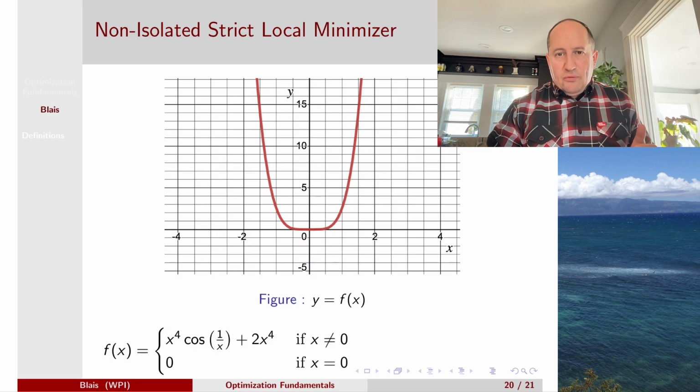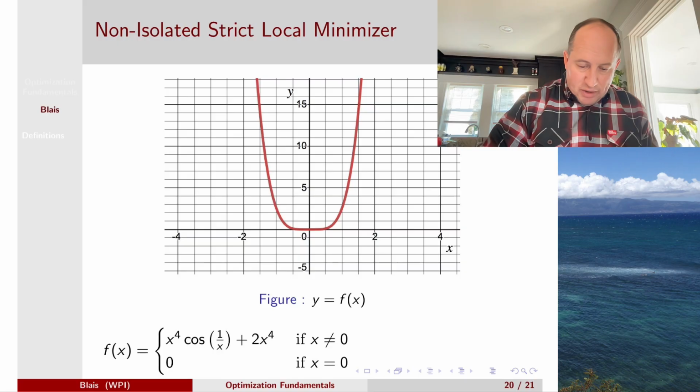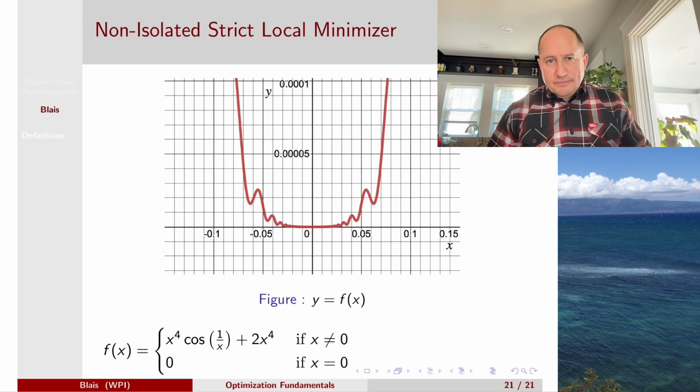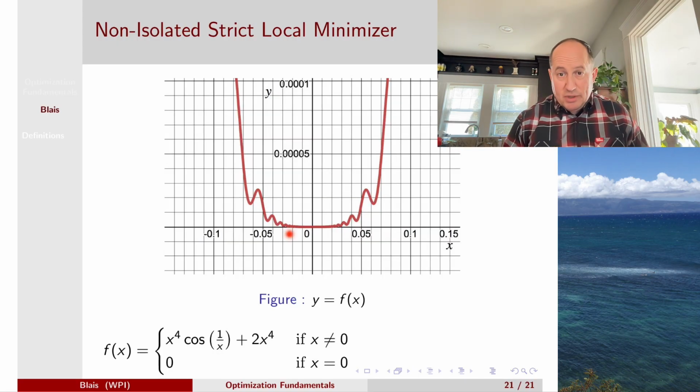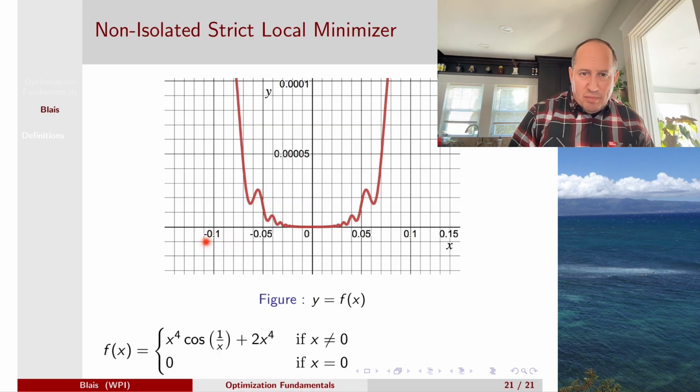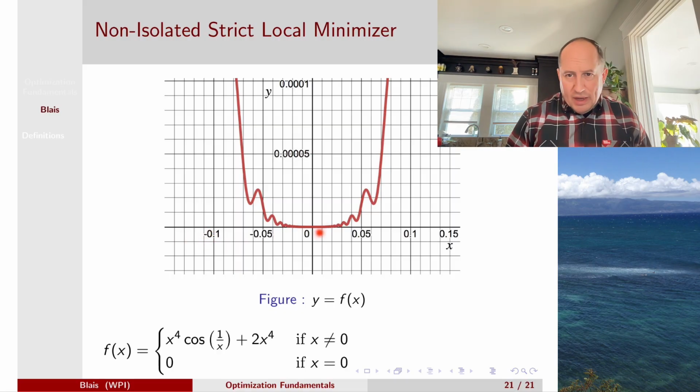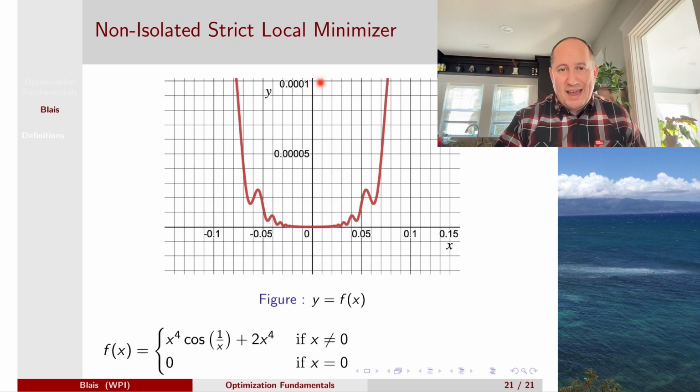Well, what if we change the axes a little bit? We zoom in just the right way. Notice how much the axes have changed here. Down on the x-axis, we're going from about -0.15 to 0.15, but on the y-axis, we're on the scale of 1 over 10,000. But you see that you have this wiggly behavior.